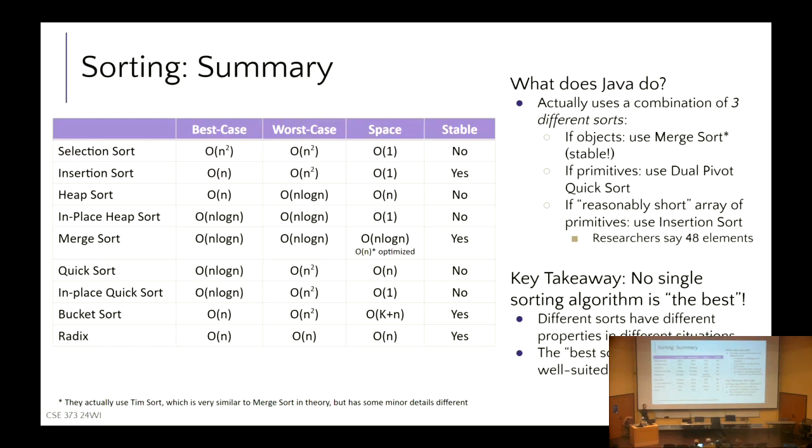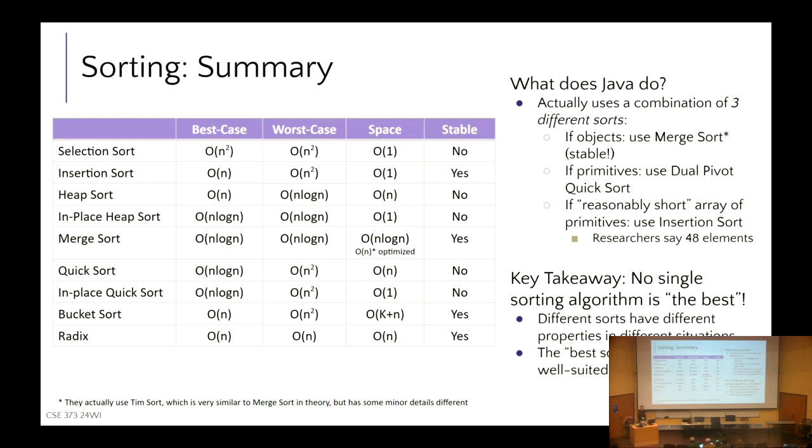And in fact, a bunch of wonderful researchers determined that if you have 48 or fewer primitives, even though it runs in the n squared complexity class, insertion sort is still the physically fastest, just because of the way the computer can handle things within an array.